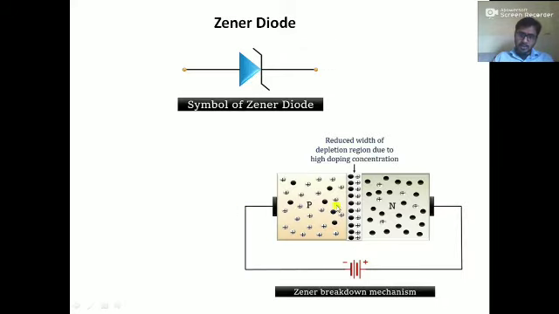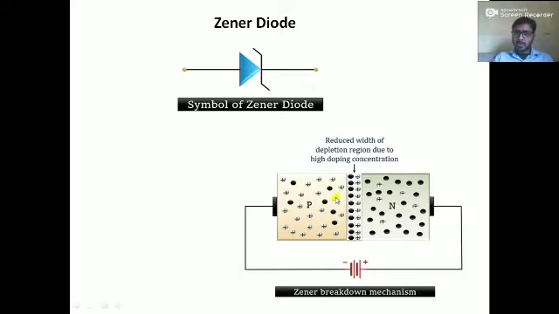But in case of the Zener diode, because of the thin depletion width, the electrons do not collide and do not produce heat, and therefore these electrons pass from this junction to this region and move through the circuit.